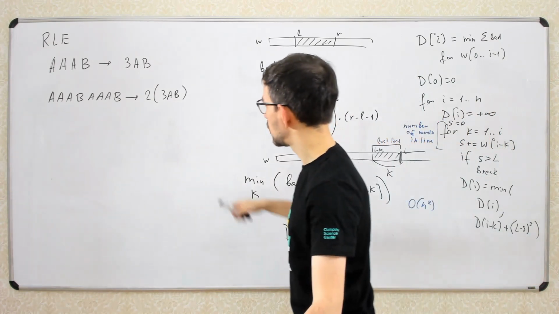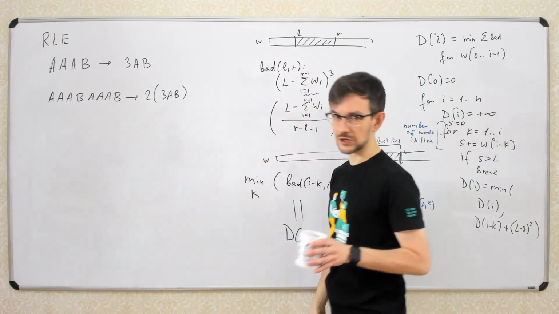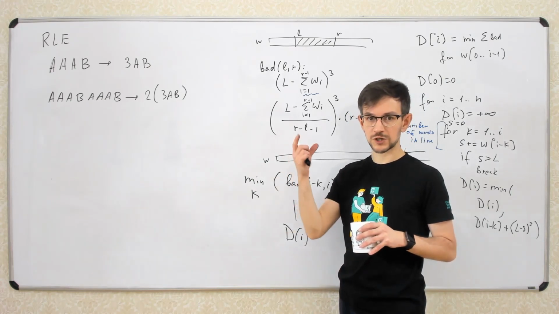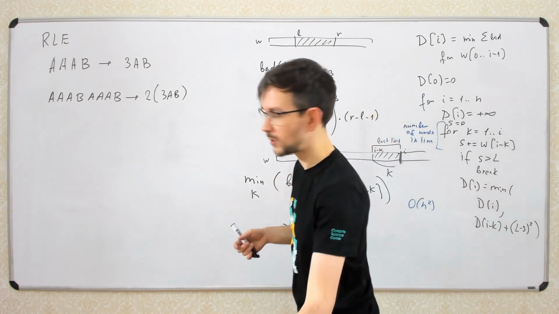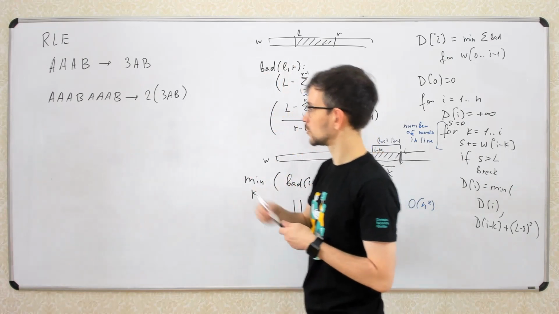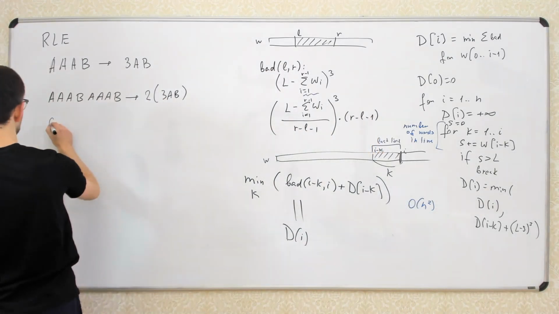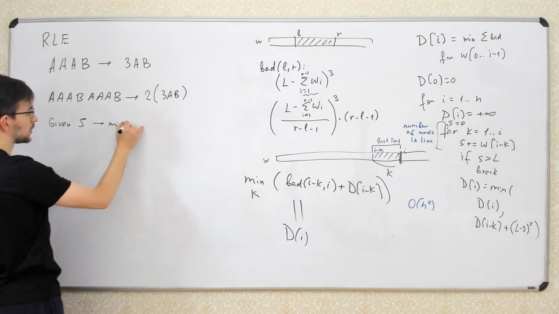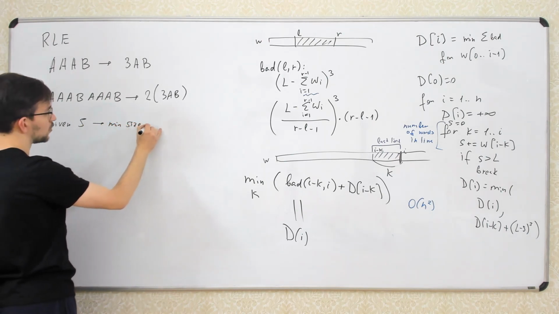So what if we allow constructions like this? What is the minimal possible length of the string? What is the optimal encoding for the given string? So given string S, what is the minimal size of the encoded string?